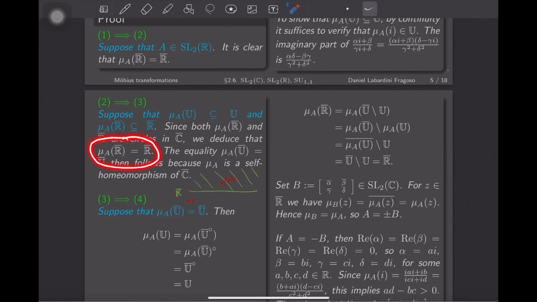This I already know. So the two connected components of the complement of R bar have to be sent correspondingly to the two connected components of the complement of R bar in C bar.